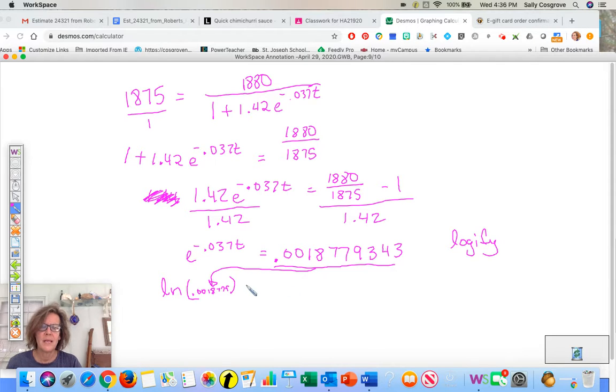No rounding, is equal to negative 0.037t. And then the last step is to divide by negative 0.037. And we should get a value for t, and it's going to be approximate, okay?